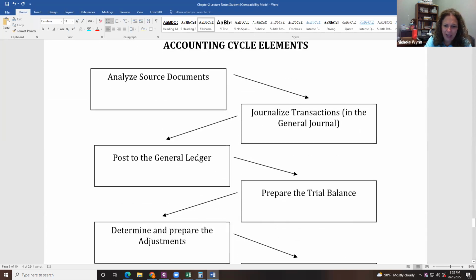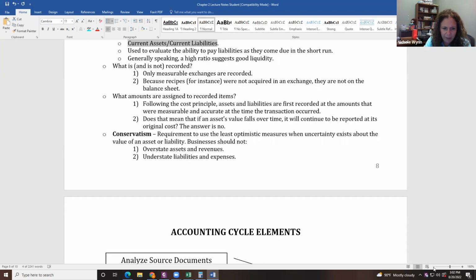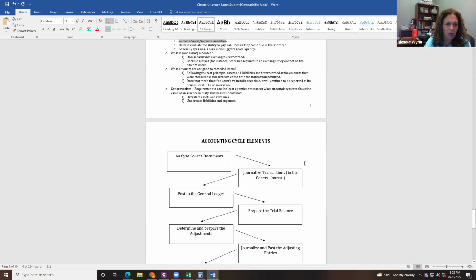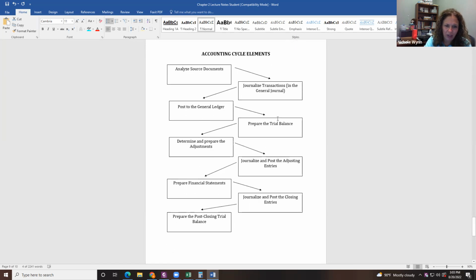So basically that's really it for this chapter. If I scroll out a tiny bit, just to show you where we're going with this, this is the accounting cycle, and this is what we're going to learn how to do between now and chapter 4. So you are going to look at documents and record journal entries. We learned how to record journal entries today, and then you post, and we learned how to do that today.